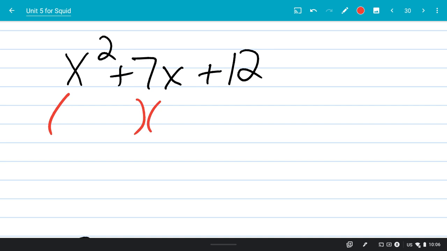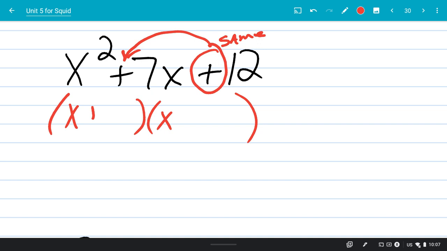I'm going to put 2 sets of parentheses, put an x in each. The signs are going to be the same, and they're both going to be positive. I really want you to say first, same or opposite, and then tell me what they are. This is cool.